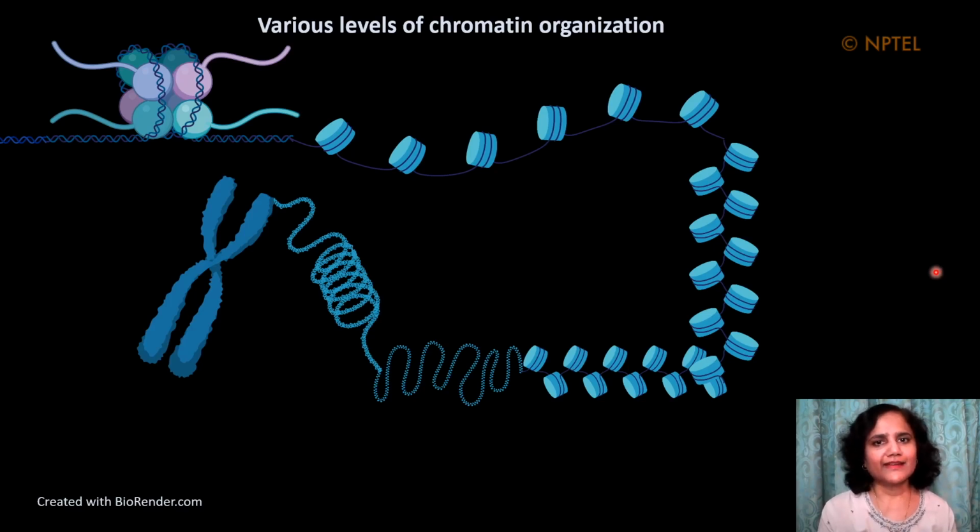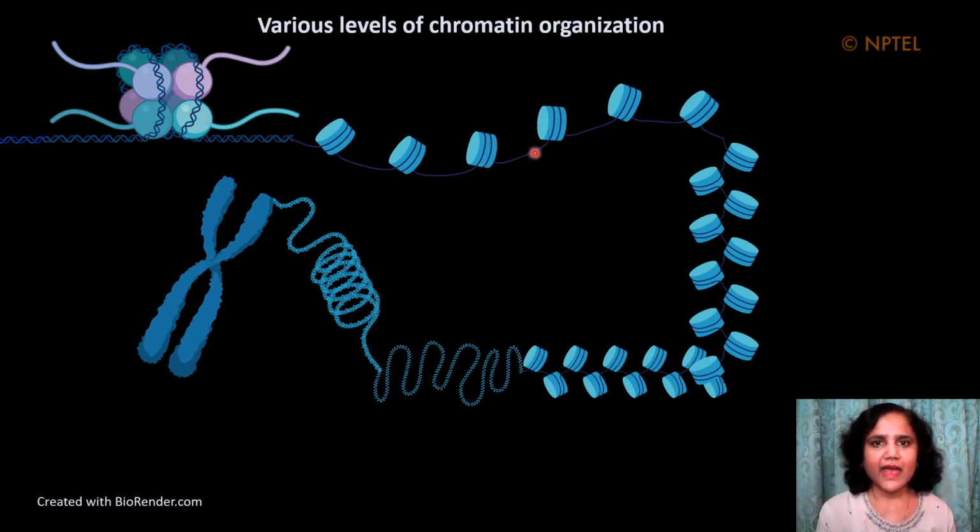Now in this slide are shown various levels of folding of chromatin. You can see each of the nucleosome core particles shown over here, looking a little different in this representation. This is a diagram. It's separated from the next one by this linker DNA.